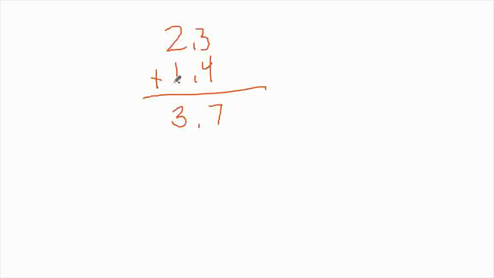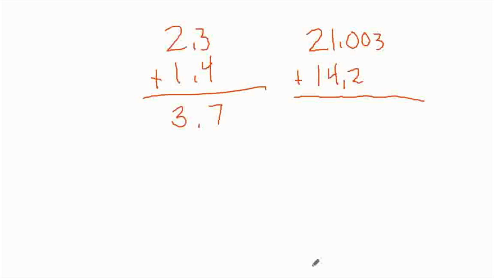Now what if I had a number like 21.003 and I wanted to add, let's say, 14.2? What do we do with the 3 there on the top? We don't have a digit underneath that's the related quantity, the related column position.